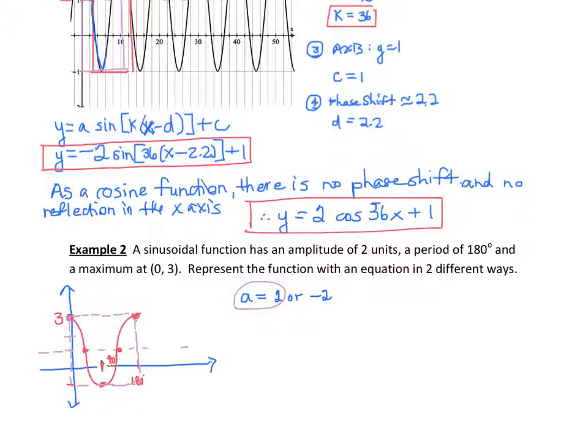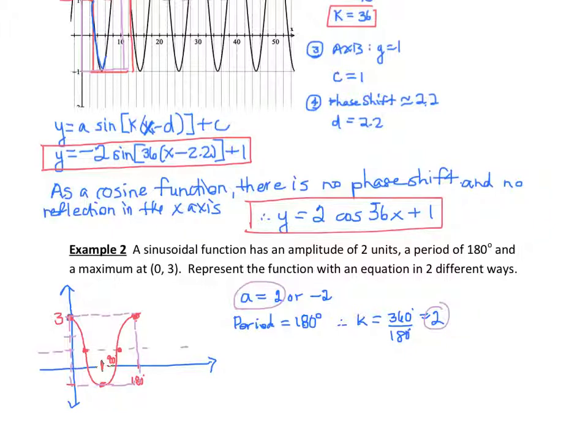Now, the period of this graph, we said, is 180 degrees. So from there, I can find the k value. k will be 360 divided by 180, which is 2. So now I have the k value.